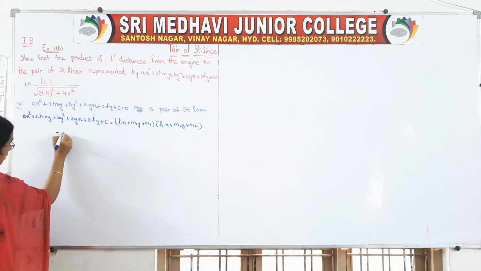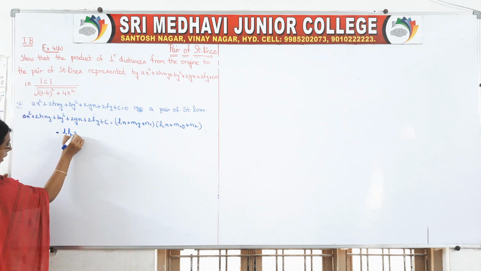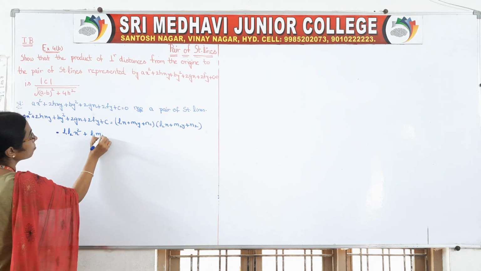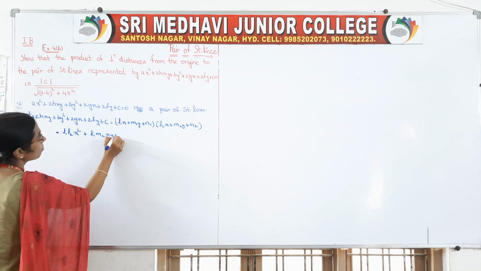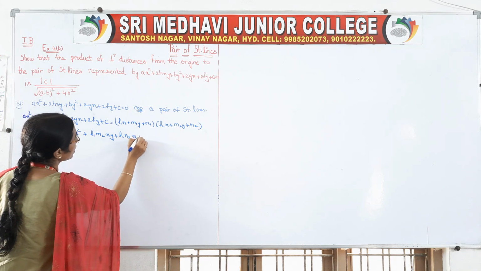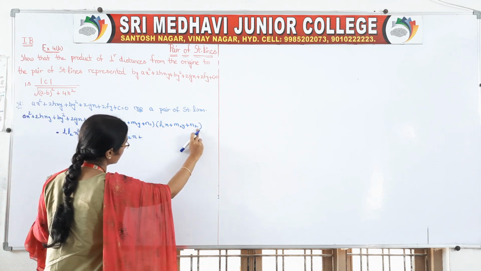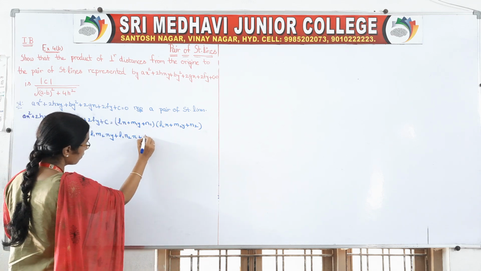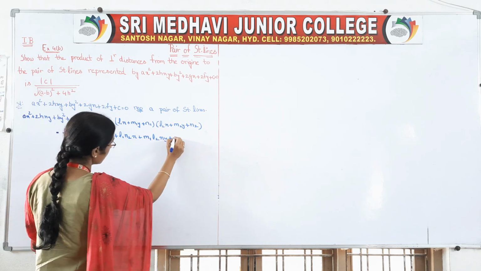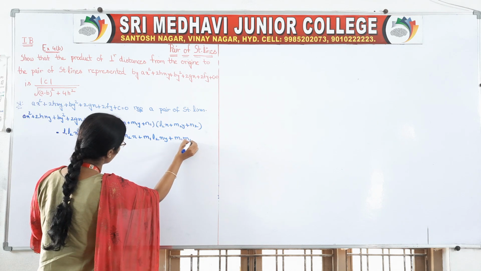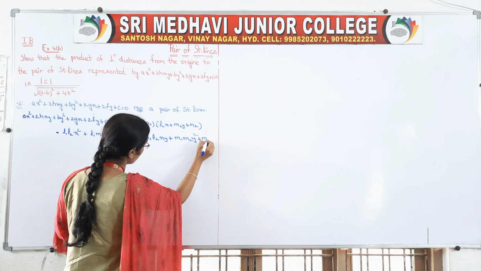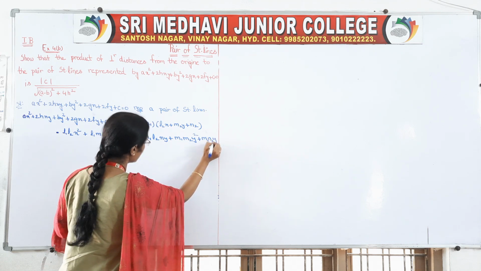If we multiply first L1x with this: L1 L2 x square plus L1 M2 xy plus L1 N2 x, first term, all the three over. Now take the second one: M1 L2 xy plus M1 M2 y square plus M1 N2 y.